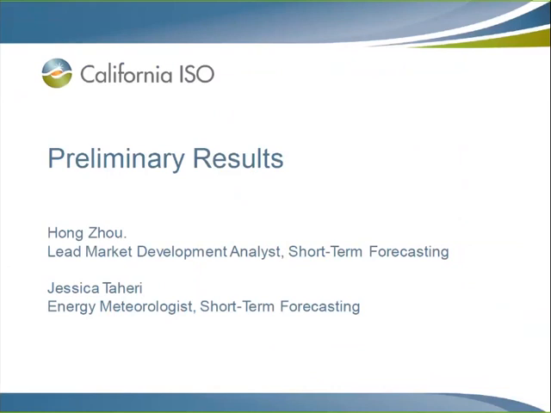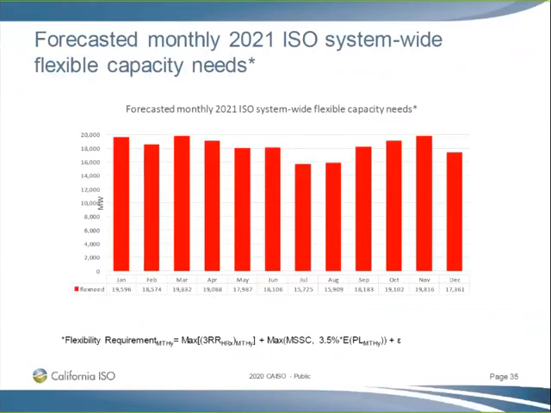So mine is really to look at slide 35. Basically, after all this analysis, data management, manipulation, and cleaning, we end up with this slide. This is the most important slide, slide 35, and it shows, for each month, the ISO flex capacity need.